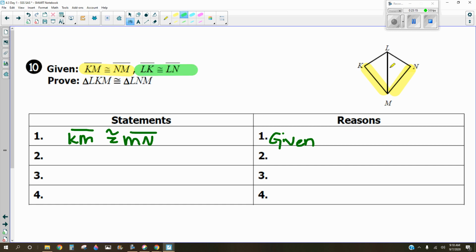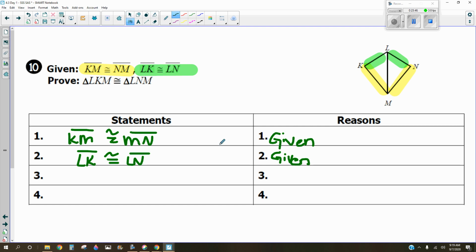LK and LN. LK and LN. So we read it, we write it. How did we know? They gave it to us. Colored on the picture.